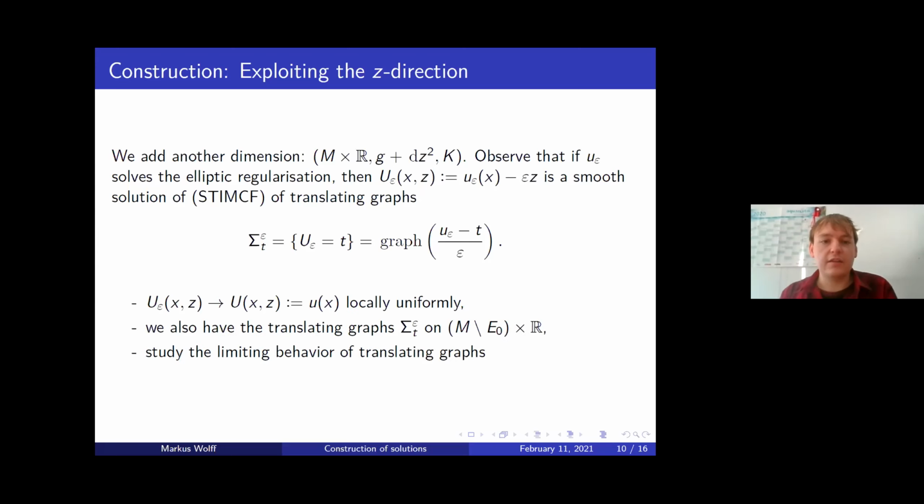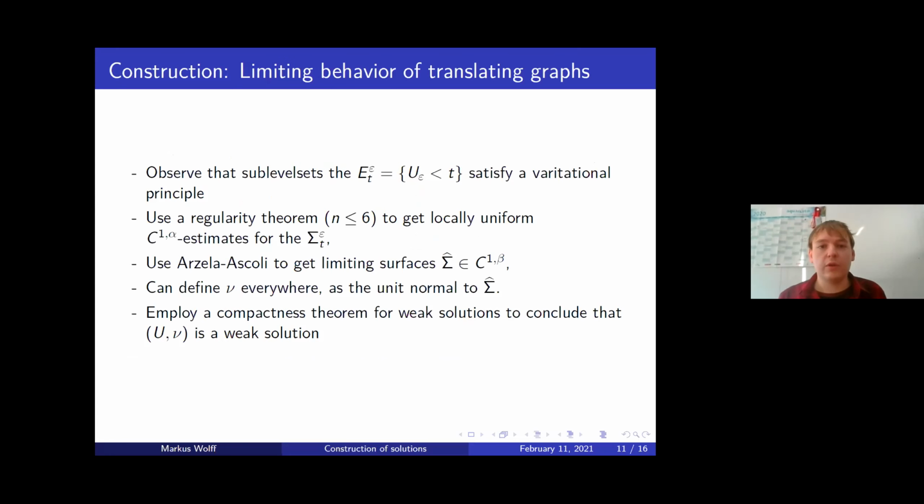And then the idea is that we also have locally uniform convergence to our candidate U, even on the cylinder. And moreover, we have these translating graphs that in some sense foliate our cylinder. Then we can study the limiting behavior of these translating graphs to define our notion of unit normal. We do this in the following way. We observe that the sub-level sets satisfy a variational principle.